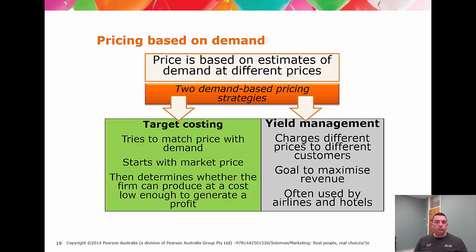Okay, so pricing based on demand. Now, this is what you'll see based on demand itself. We'll usually see this in travel or hotel industries or hospitality. So what we're trying to do is look at a target cost for one strategy. So start with the market price, and then we try and match the price with demand. So we lower the price all the time.